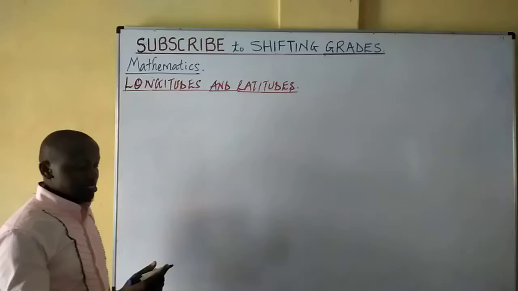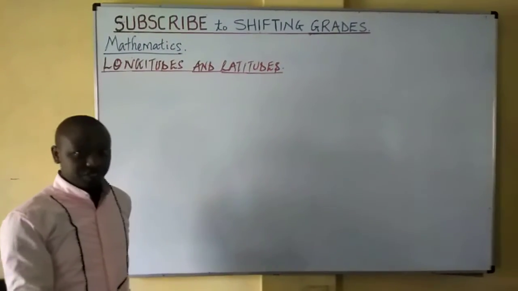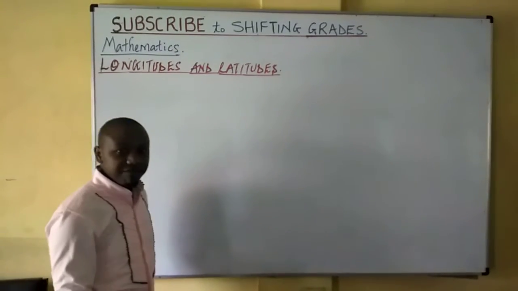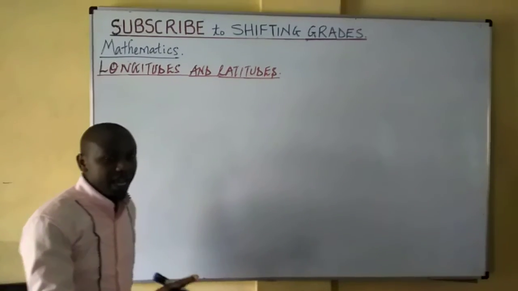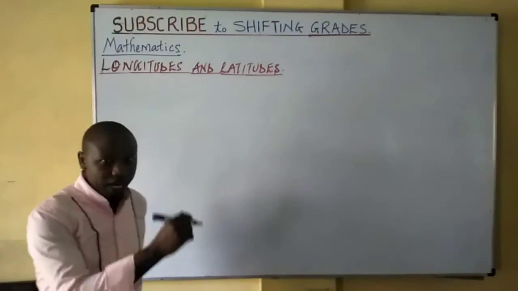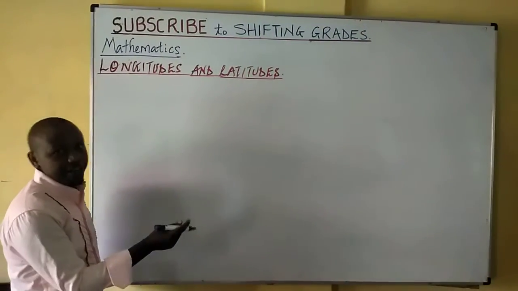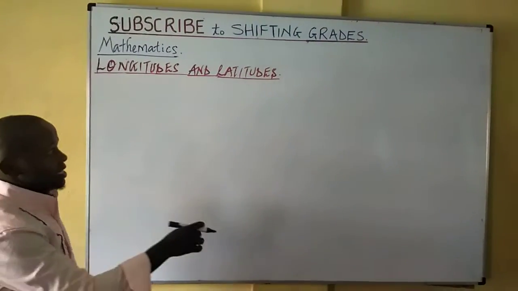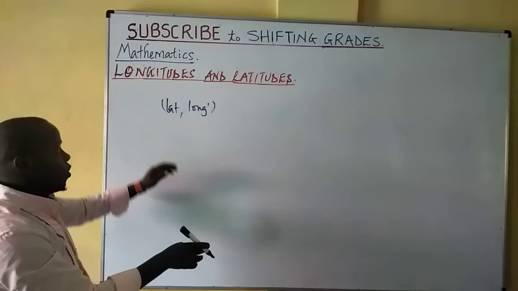We said that to identify the position of a given place, we observe the intersection of its latitude and longitude in that order. Therefore, we write the coordinates of a given place as the latitude and the longitude in that order. This is how we plot a place on the Earth's surface.